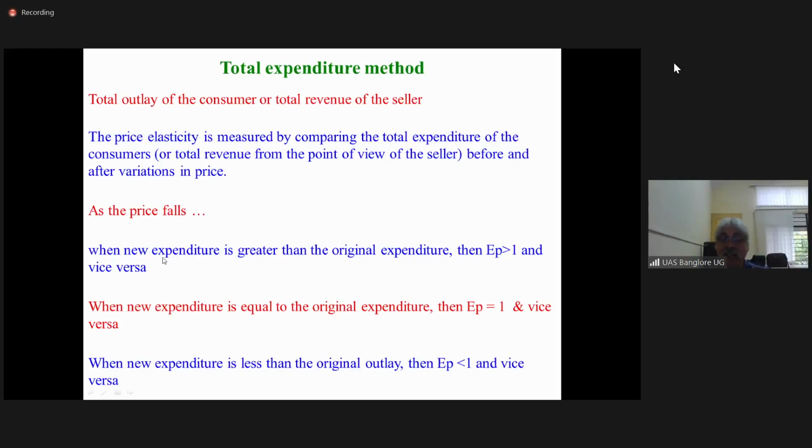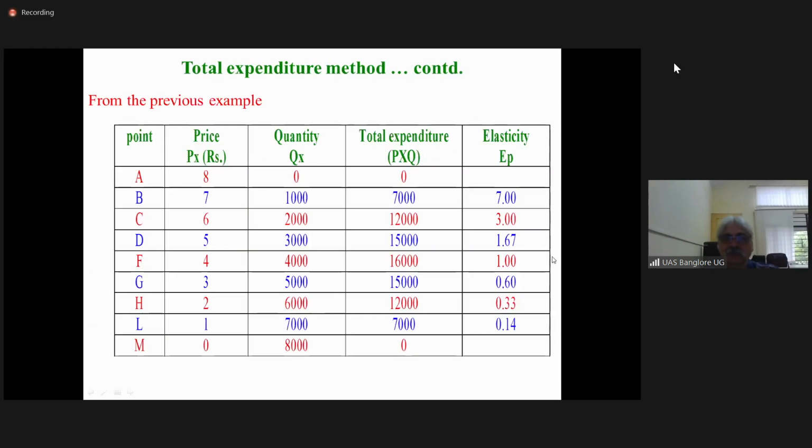When new expenditure is greater than the original expenditure, then EP is greater than 1. This is the new expenditure.